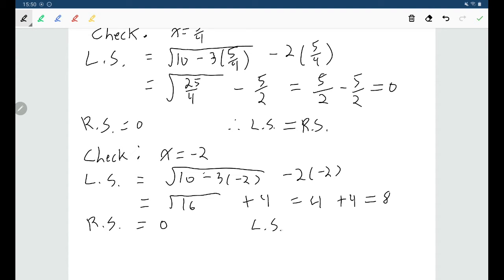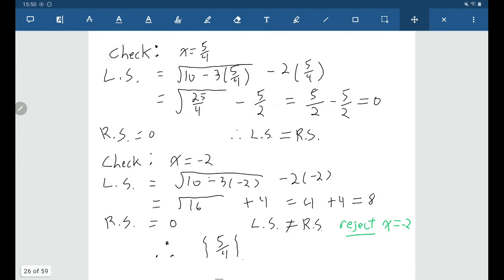And so my left side and my right side are not equal to each other, which means that we're going to reject x being negative 2. So that means that this equation, the one that we started with, has only one value for x in its solution set. The only value of x that solves the original equation is 5/4.